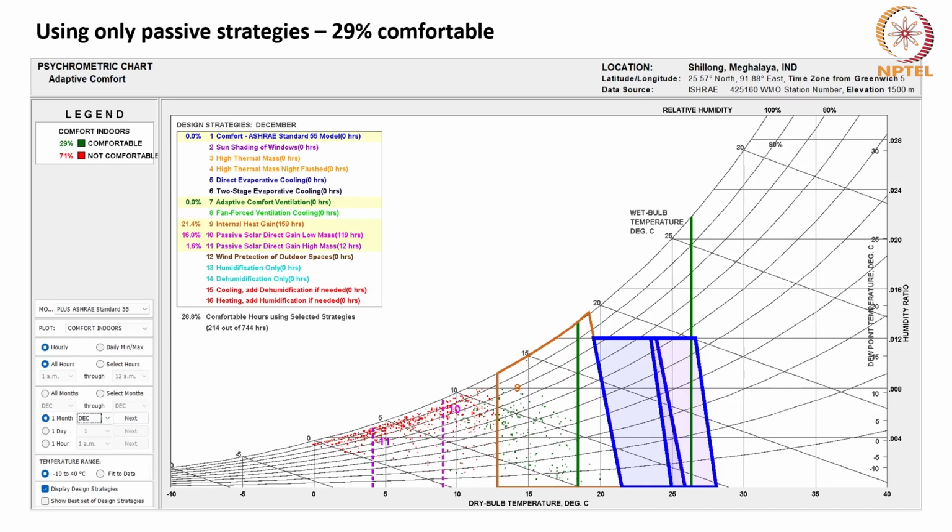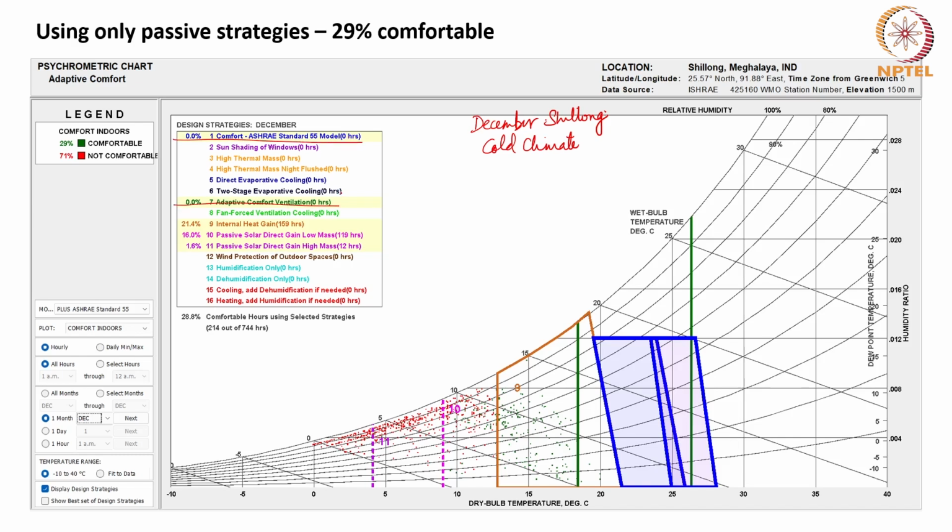Now, what strategies should be used in December? In December, for a cold climate like Shillong, none of the hours are comfortable by itself.